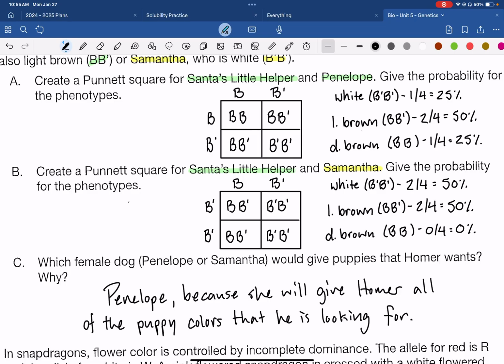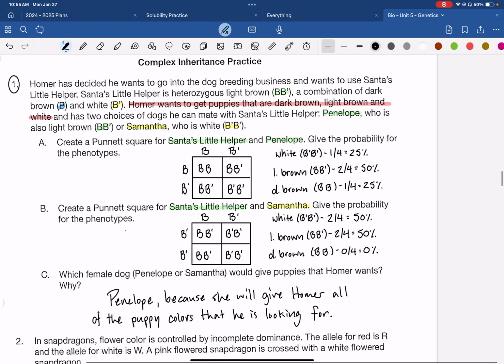All right, so that's the only one I'm going to do in this video. I will do the others in separate videos. So this video was just over incomplete dominance. Incomplete dominance, remember, is when the heterozygote, the genotype with two different letters, falls somewhere in between the two homozygotes. In this case, the heterozygote represents the light brown phenotype.